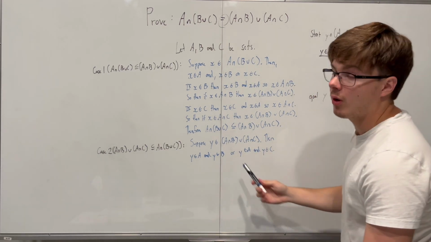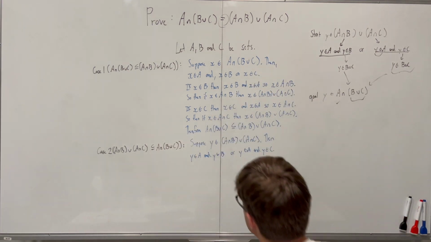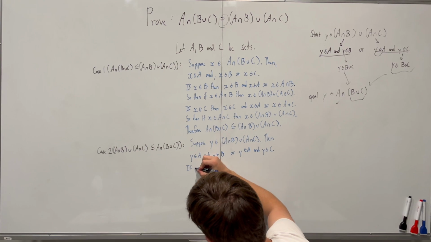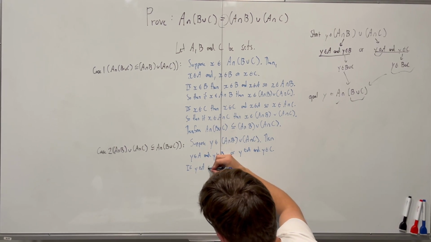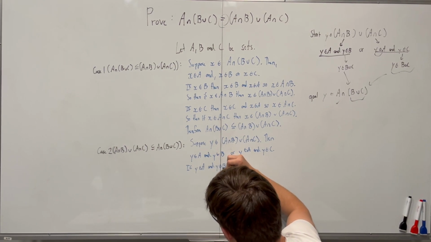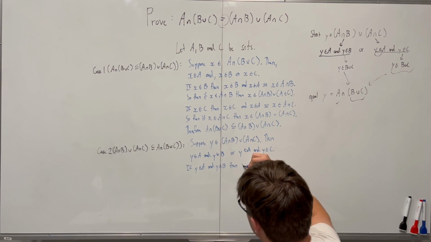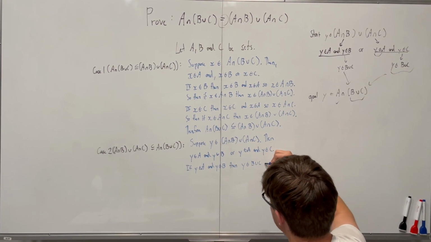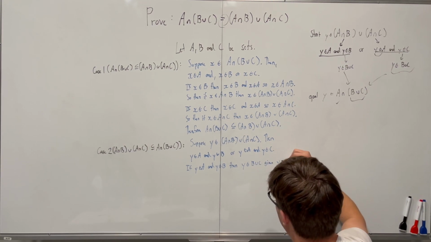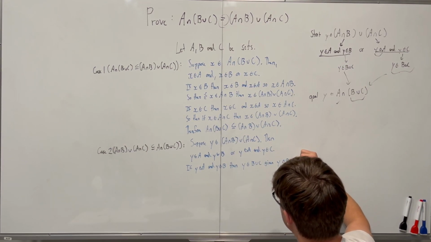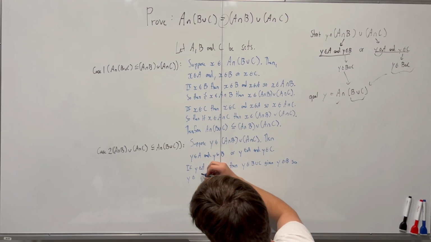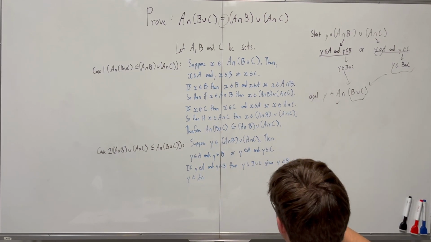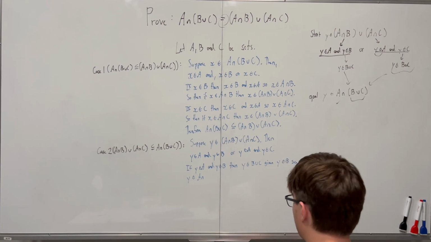Fantastic. Now we want to do both of our cases here. So let's start with the left case. We'll say that if Y is an element of A and Y is an element of B, then Y is an element of B union C given Y is an element of B. Actually, maybe there's a better way of saying this.